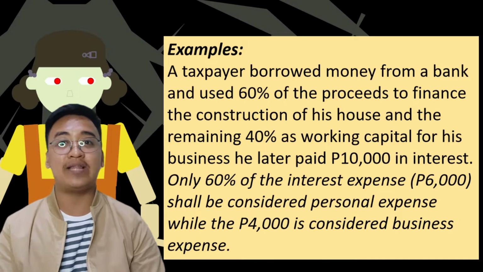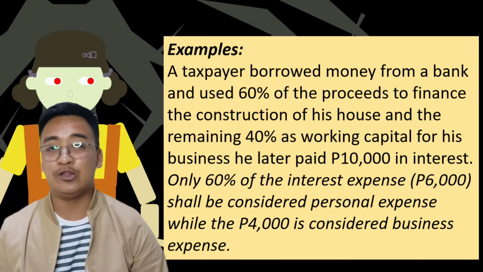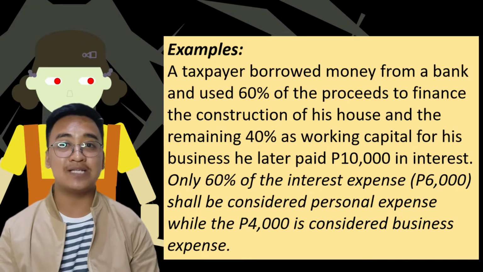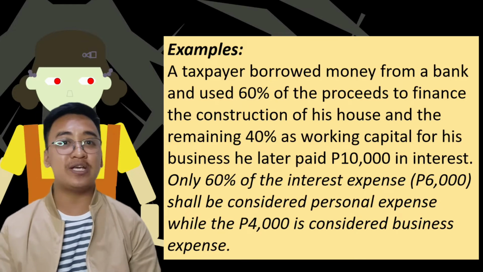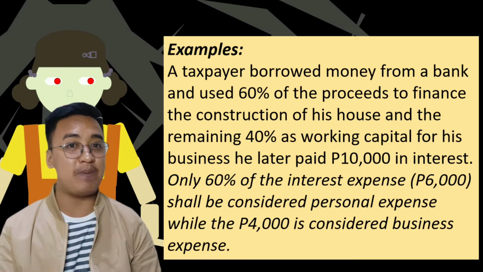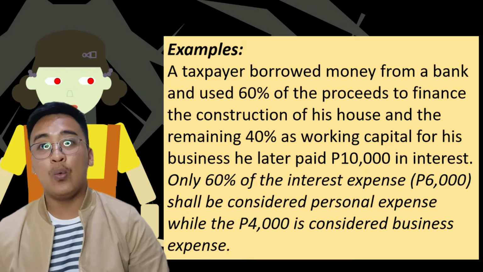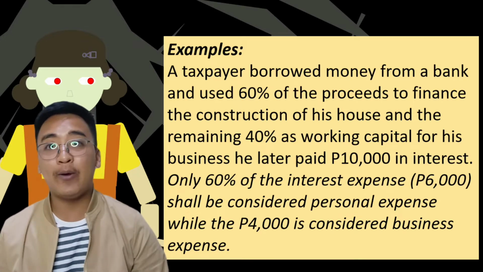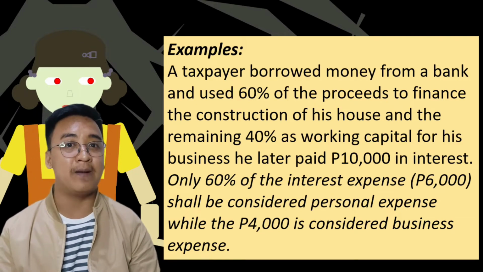He later paid 10,000 in interest. Therefore, 60% of the interest expense, which is equivalent to 6,000, shall be considered as personal expense, while the 4,000, which is the 40%, will be considered as business expense.